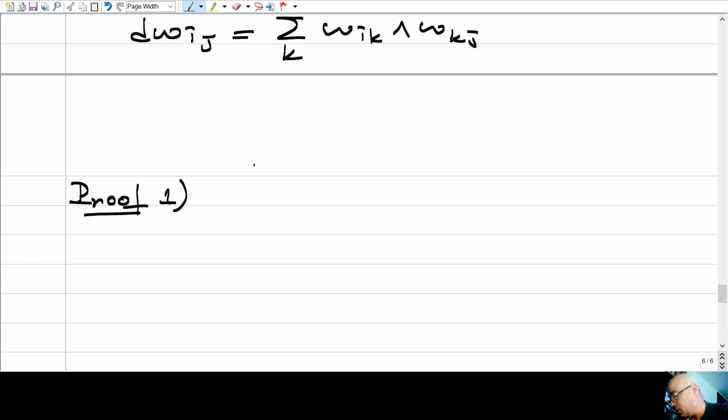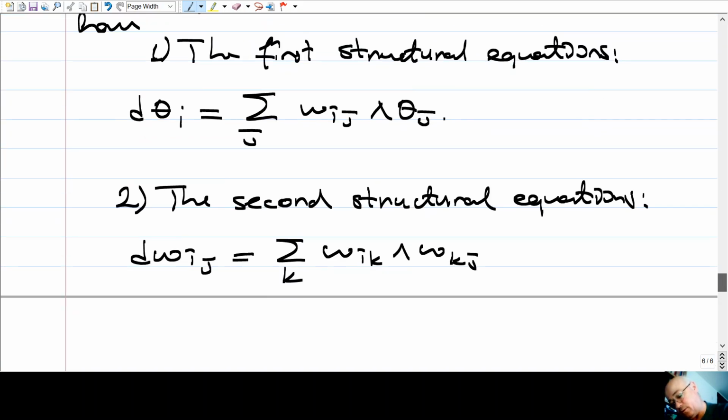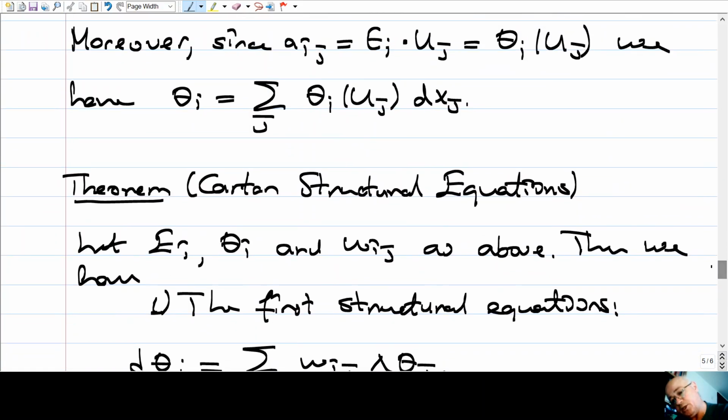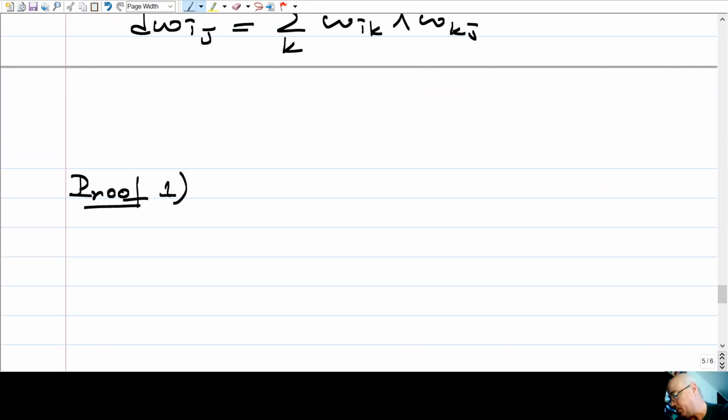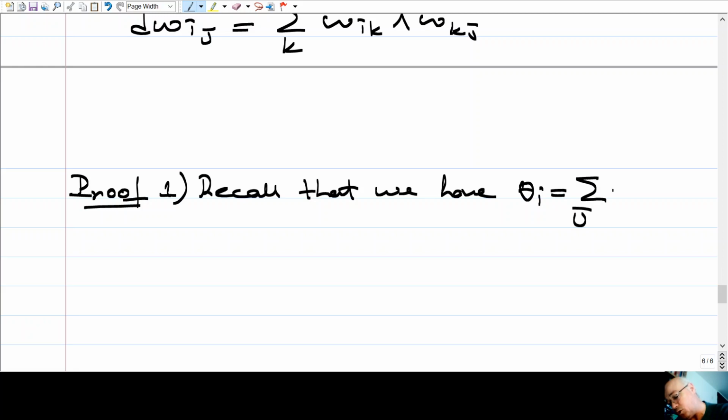Okay, now we obtain this object here. Theta_i is given in terms of a_ij like this. Recall that theta_i is equal to the summation over j of a_ij dx_j.